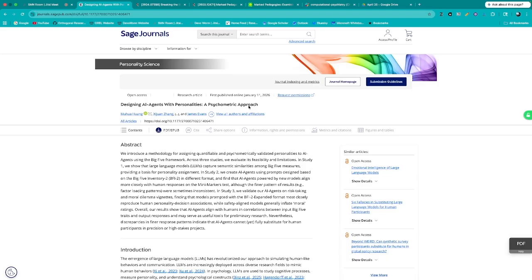They have this little caveat paragraph saying, "Our findings demonstrate both the potential and limitations of using AI agents as stand-ins for human participants in psychological research. On one hand, alignment between AI agents and humans, particularly correlations between input Big Five traits and output responses, suggests that AI agents hold strong potential as useful tools for preliminary investigations or pilot studies."